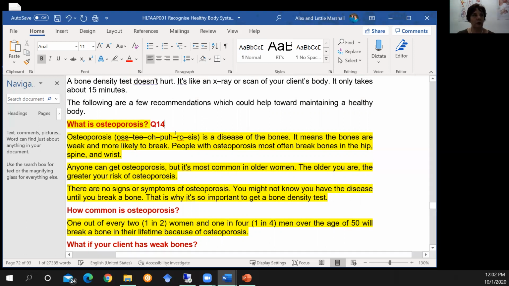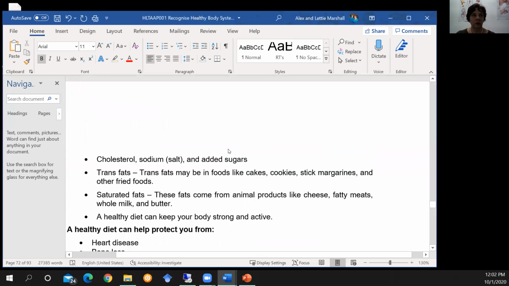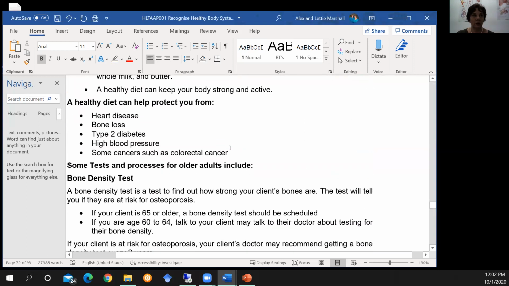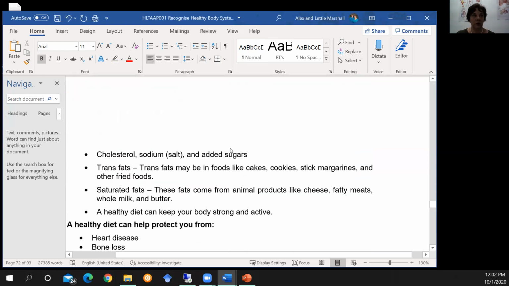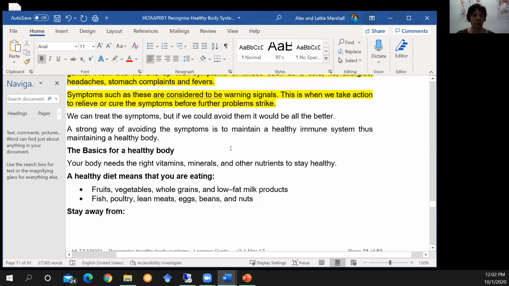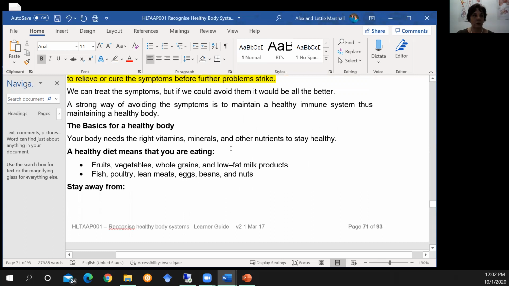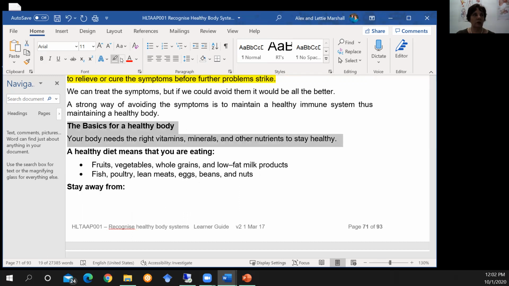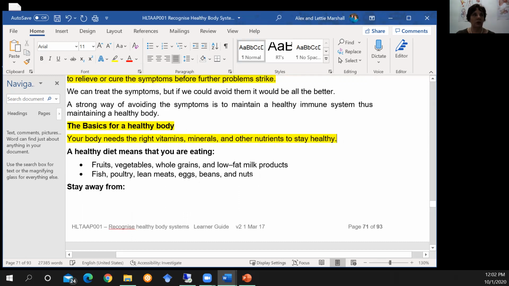Question 14. The next one: what are the basic principles of a healthy diet? On 71 again, a healthy diet can protect us. The basics for a healthy body are on page 71. It's to have vitamins, minerals, nutrients to stay healthy.